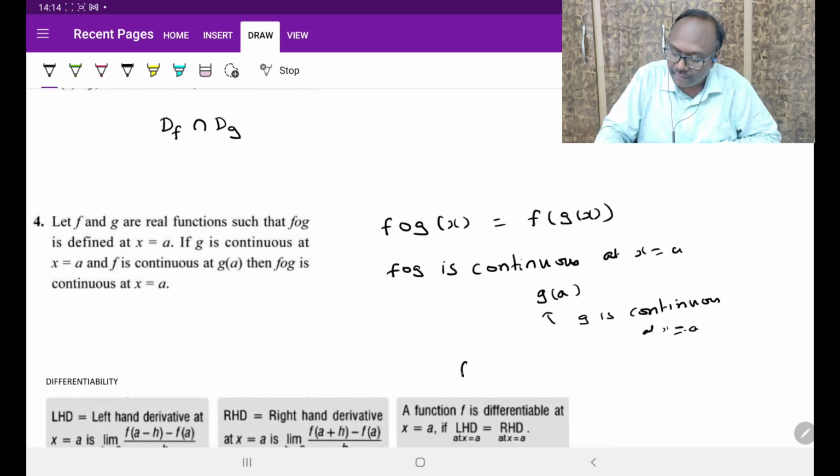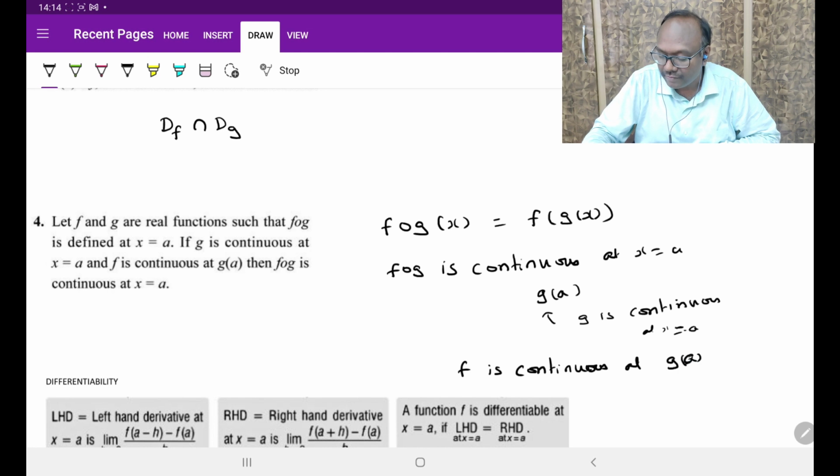So f is continuous at g of a. Then only we say that f circle g is continuous at x equal to a.